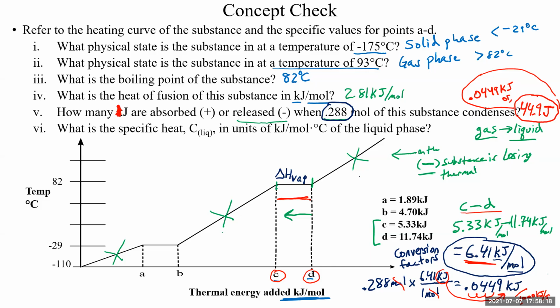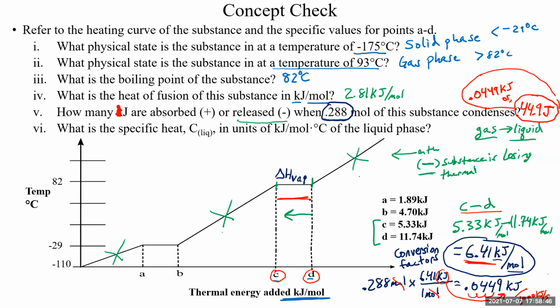It takes this much energy per mole of substance to either liquefy the substance from a gas or to vaporize the substance from a liquid at a temperature of 82 degrees Celsius, which we're assuming is the temperature we were at. So if all we're trying to do is convert this from a gas at 82 degrees Celsius to a liquid at 82 degrees Celsius, then 44.9 joules is how much energy that process takes.